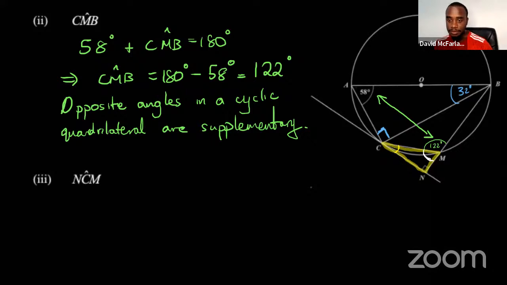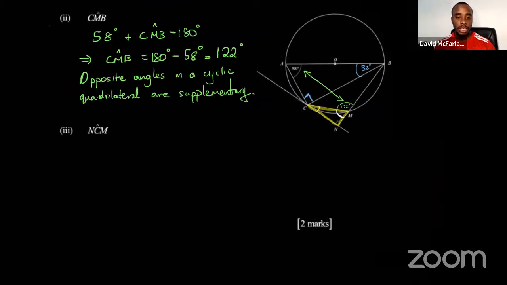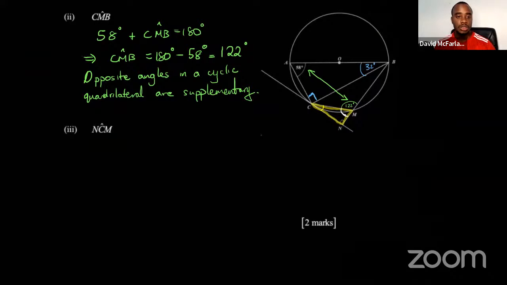So because angles in a straight line sum to 180, CMN would be equal to 180 minus 122 degrees. And I think we already know that that is 58 degrees.